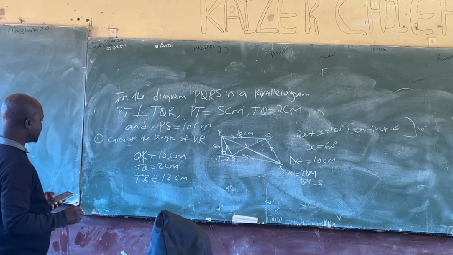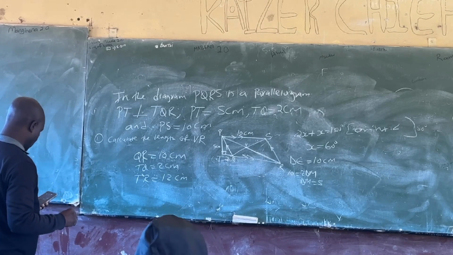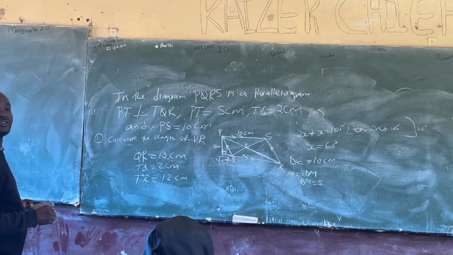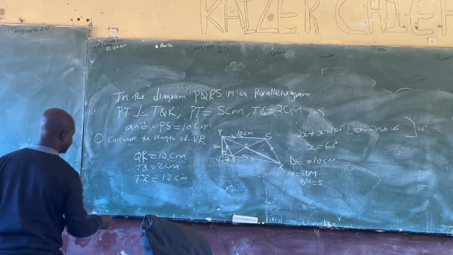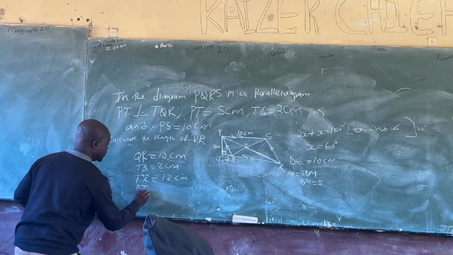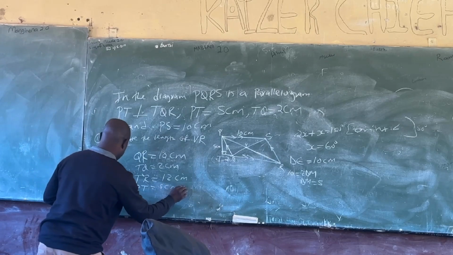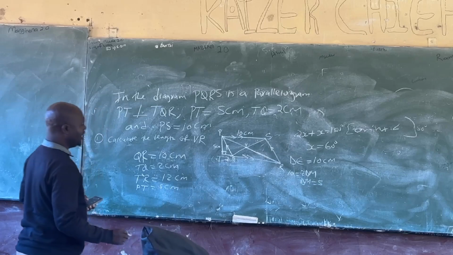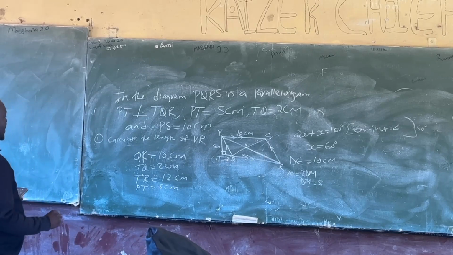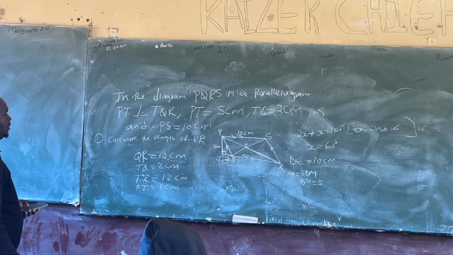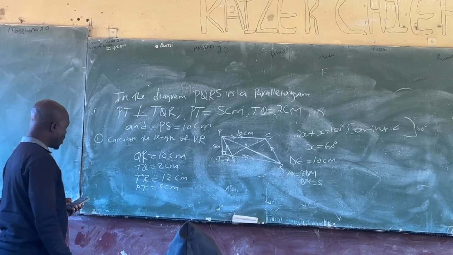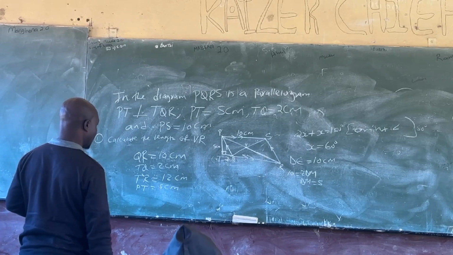Now, let's check the size of PT. PT is 5. And it's given. PT equals 5 centimeter. It's given. If PT is 5 centimeter and is given, can you solve using the theorem of Pythagoras? Solve PR.